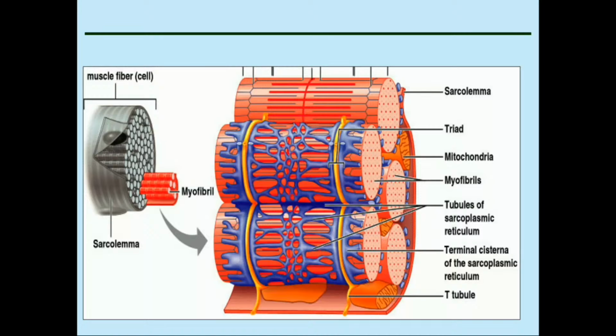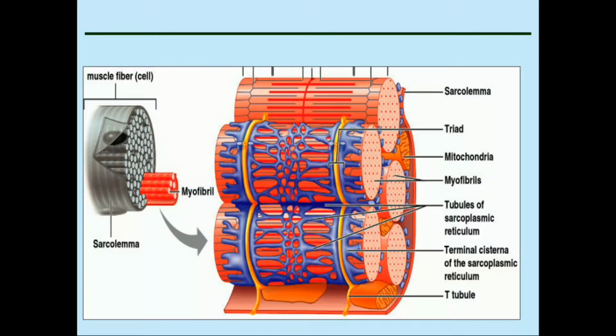In this way they run across the muscle fiber from one side directly to the opposite side. Therefore, if you see the pattern of T tubules alone, you will see that the T tubules form a grid or a network, and this grid will be penetrated longitudinally by the myofibrils.